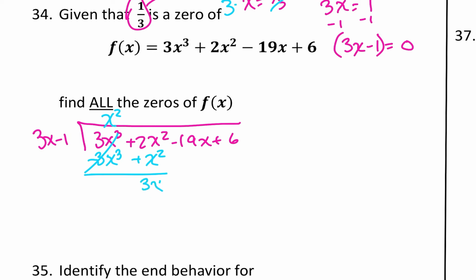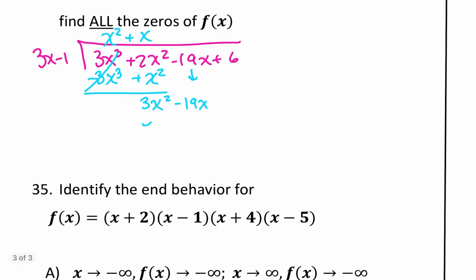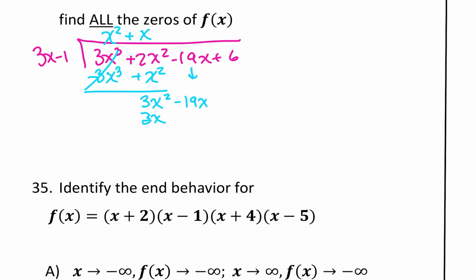That way we don't have to worry about the subtraction step. So 2x squared plus x squared is 3x squared. Bring down the negative 19x. 3x, to get 3x squared, is going to be plus x. X times 3x is 3x squared. Change to minus. X times negative 1 is negative 1x. Change it to plus. And we got negative 18x. Bring down that 6.